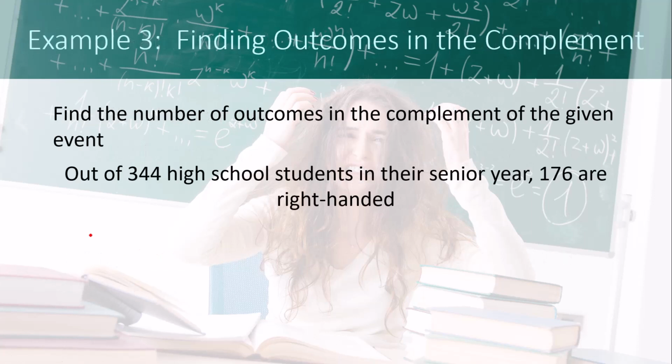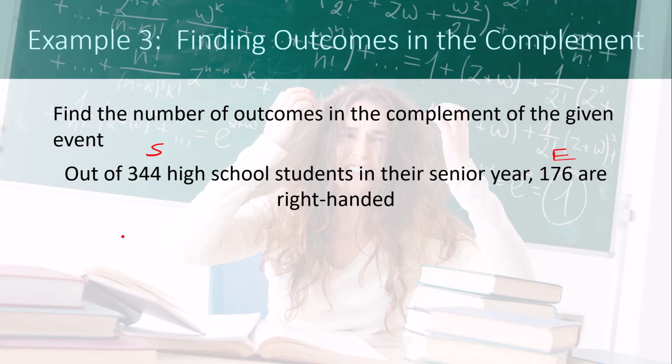Okay, for our next problem, this is also similar to your homework. Here we want to find the number of outcomes in the complement of the given event. Out of 344 high school students, which happens to be the size of your sample space, in their senior year, 176 are right-handed. So this is E, and there happen to be 176 students. How many are going to be in the complement?